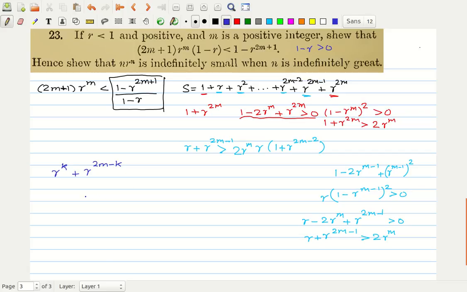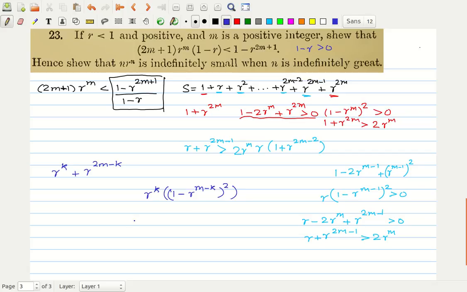So for this, all I have to do is consider r to the power k times 1 minus r to the power m minus k, squared.